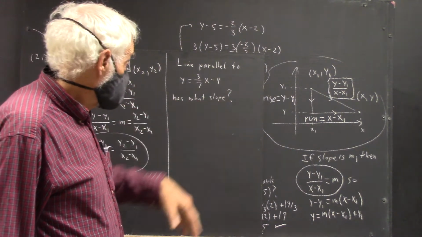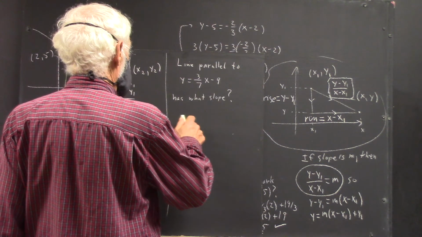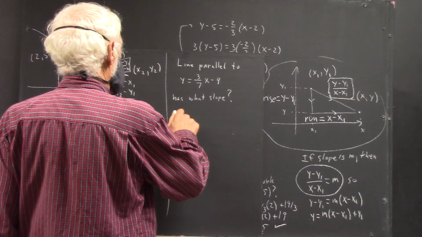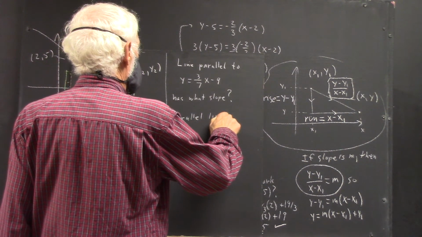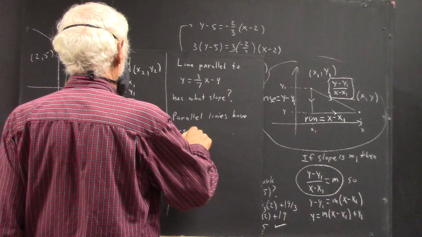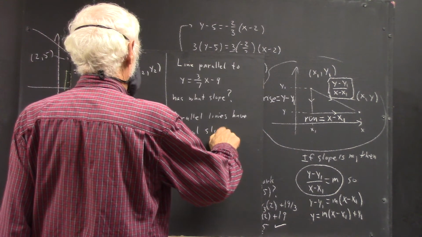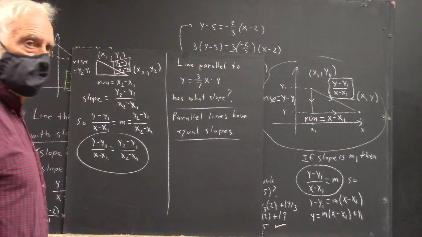So you could sketch that. But what's the slope? Parallel lines have equal slopes. Okay?